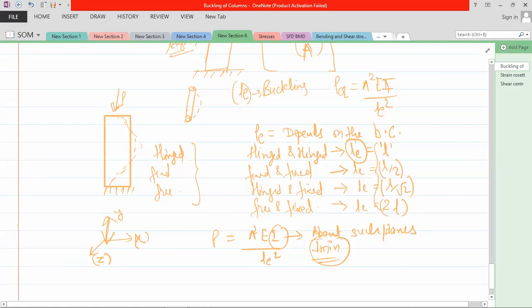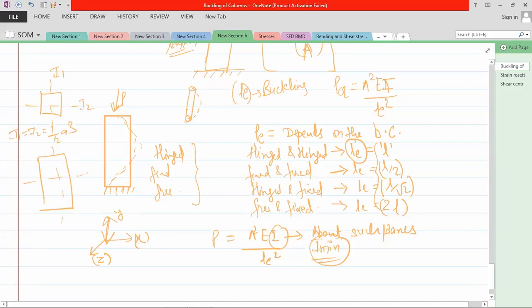Now just take an example of a square. For a square, this axis and this axis are the same: suppose this is I1 and this is I2, then I1 is equal to I2 is equal to 1 by 12 a cube. But for a rectangle, the two I's are not the same.